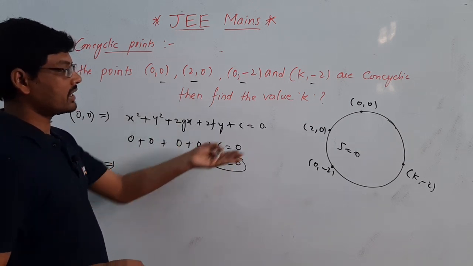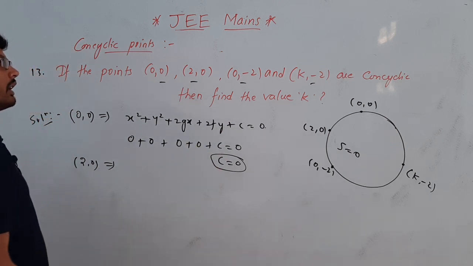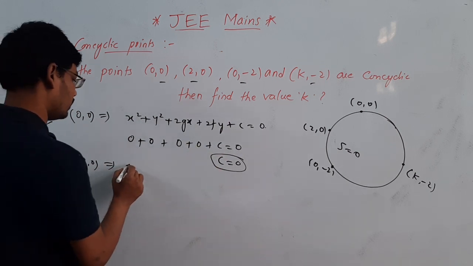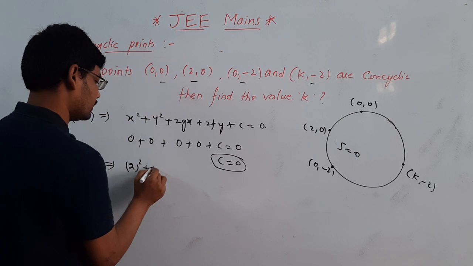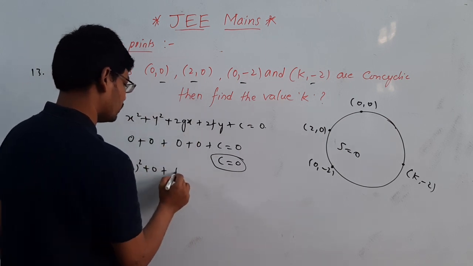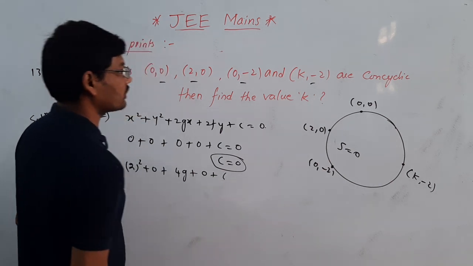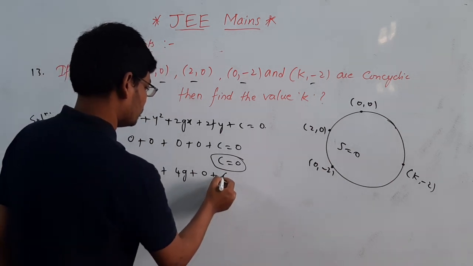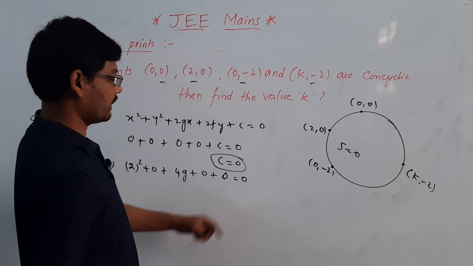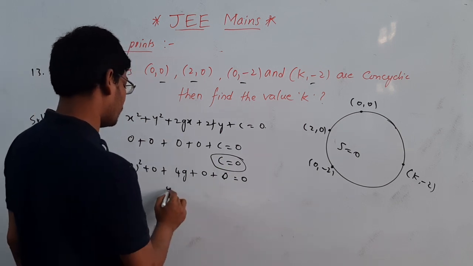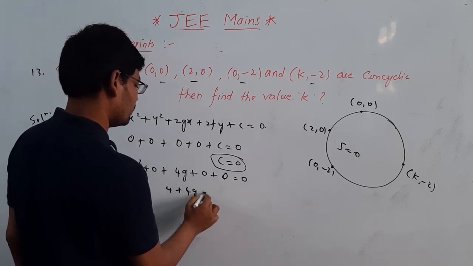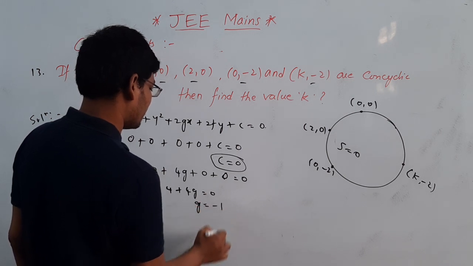All points lie on the circle, so I am substituting each and every point in the circle equation. So 2 square, y value is 0, 4g plus 0 plus c, and c from the first equation is 0. So 4 plus 4g is equal to 0, g is equal to minus 1.